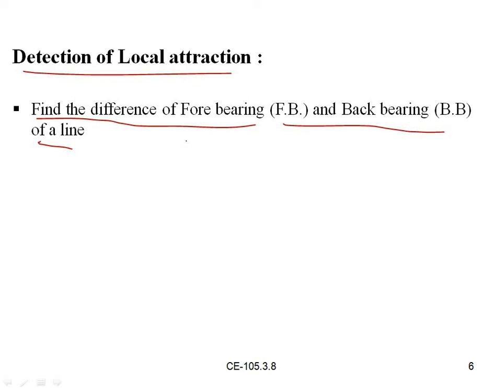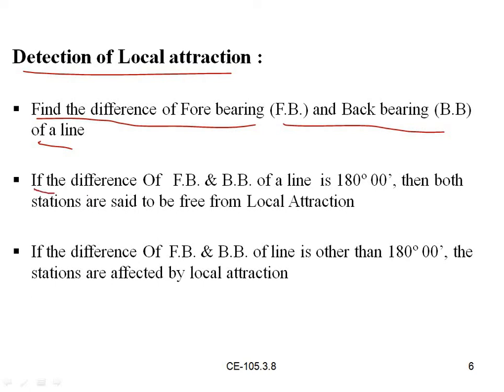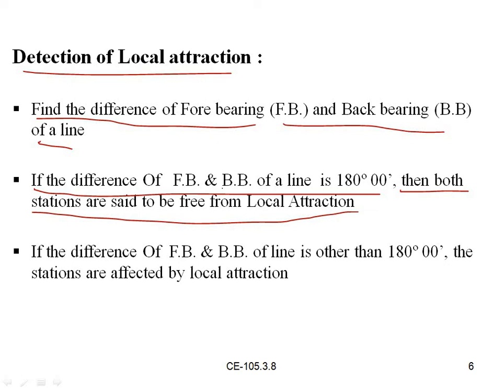We have to find the difference by calculating the fore bearing and back bearing of a line. And next, if the difference of fore bearing and back bearing of a line is 180 degrees, then both stations are said to be free from local attraction. So remember this point. Okay.